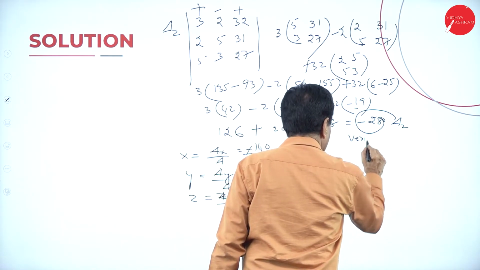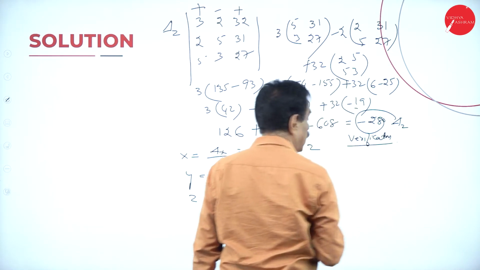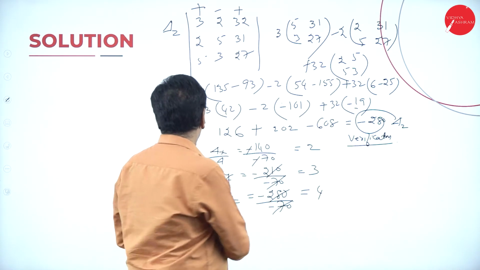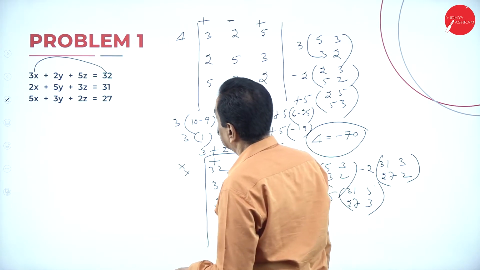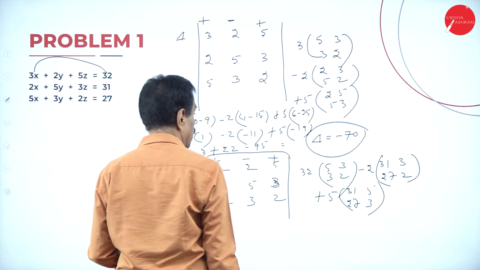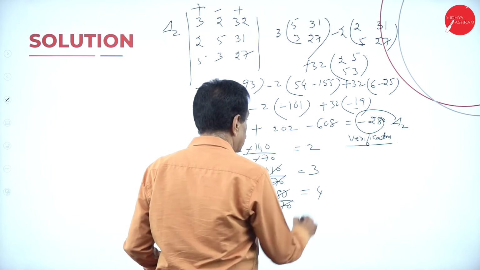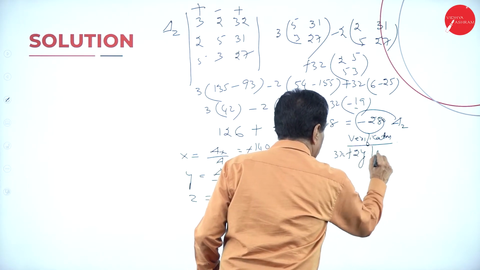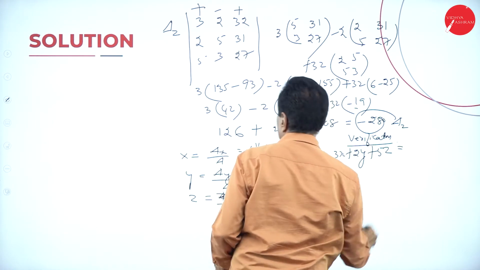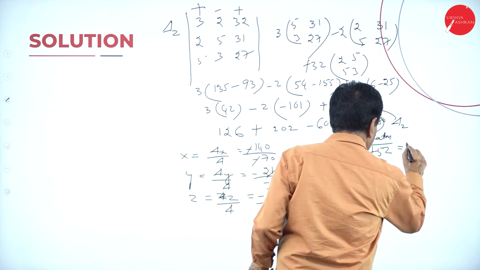Verification. You take one equation. Any one equation you can take and verify. 3x plus 2y plus 5z is equal to 32. Verify this.